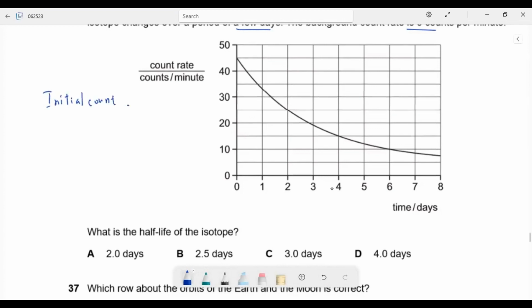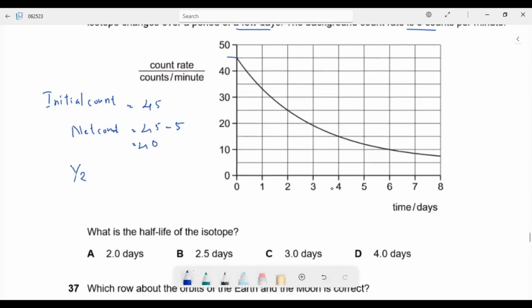The initial count, as shown here, is 45. The net count we need to find by subtracting the background count rate of 5 from this 45. 45 minus 5 is 40.